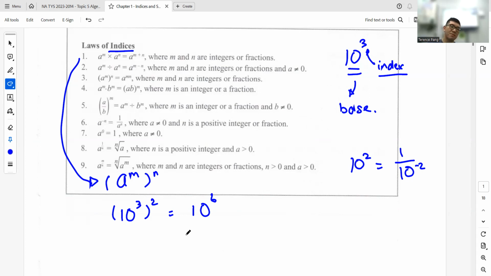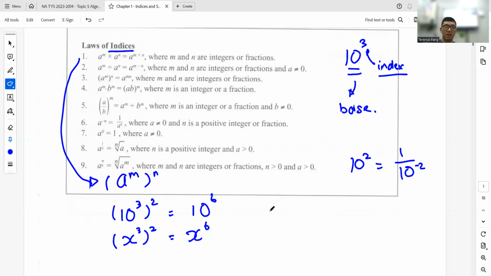Okay, so similarly, if you have an algebra term, x cubed and then bracket square, that will give you x to the power of 6, 3 times 2.